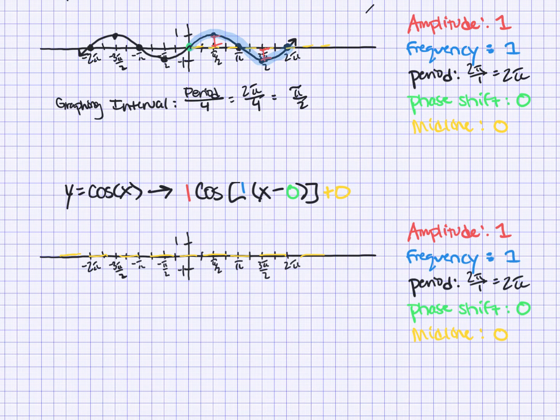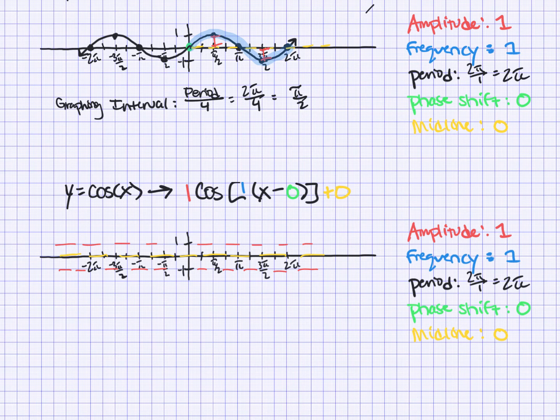I also see my amplitude is 1, so I'm going to count up 1 from the midline and dash that in, and count down 1 from the midline and dash that in. All of my points should be somewhere on these dashed lines. It's either going to be at the very top, in the middle, or the very bottom. This tells me where I should be graphing.